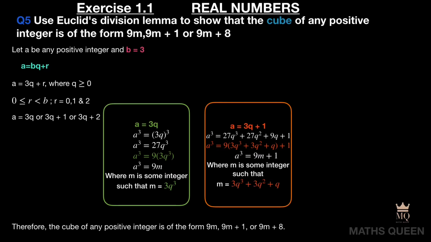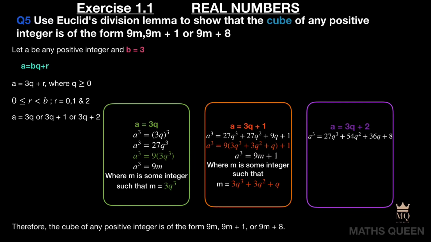Moving to the third case, we have a is equal to 3q plus 2. A cube is equal to 3q plus 2 the whole cube. Applying the formula, we get a cube is equal to 27q cube plus 54q square plus 36q plus 8. Here see, it's ending as plus 8. So we can prove it as 9m plus 8.